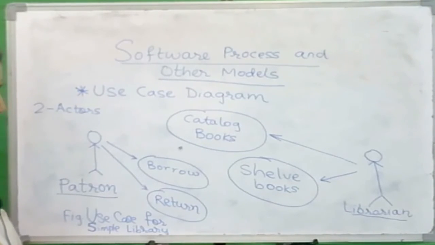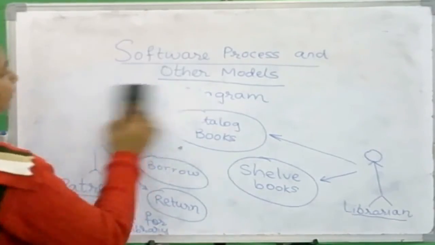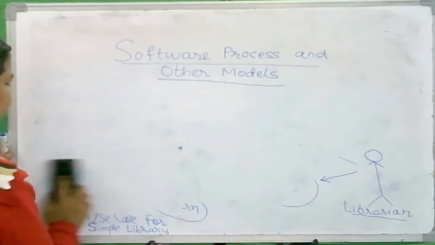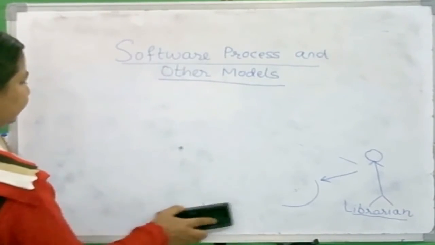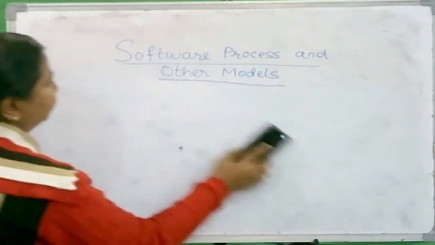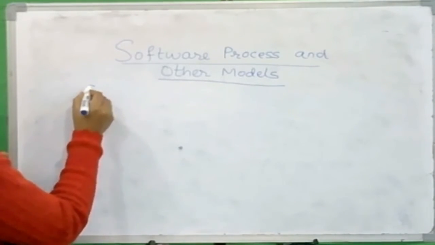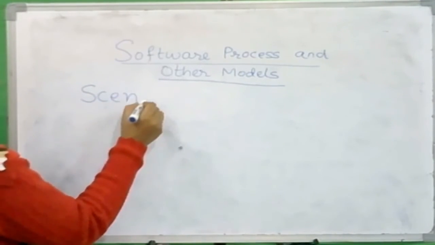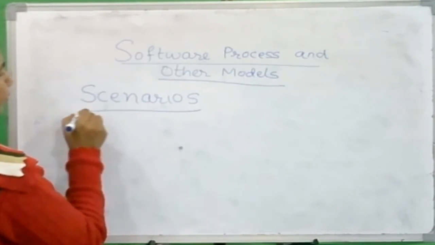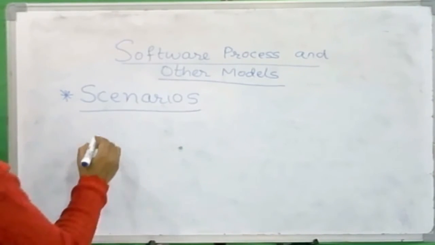Next model is scenarios. A scenario is a description.